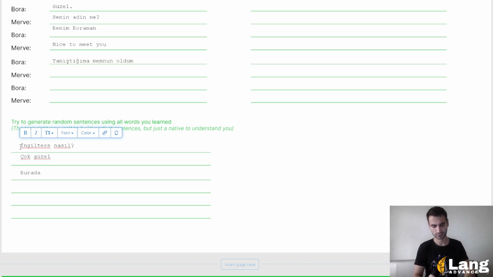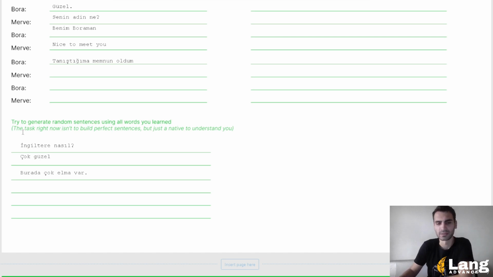Burada çok elma var. Here are many apples. And try to just build sentences. It doesn't matter if you put them in correct way. You can try to put them in correct way. It will be better, of course.